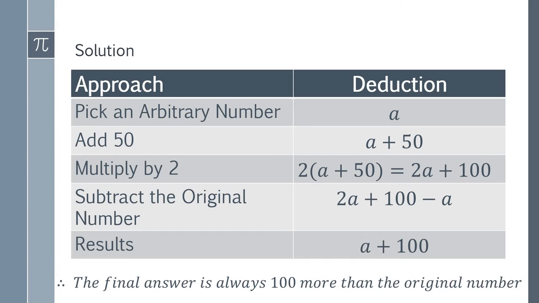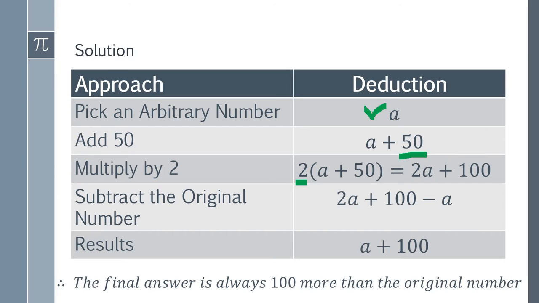So the deduction approach is we start by picking an arbitrary number. So any number. I'm using here the letter A. And then I added 50 based from the given, and then we multiply what we have in the previous expression by 2.